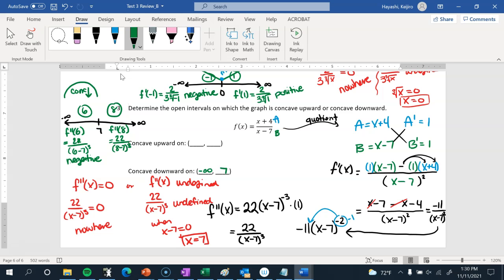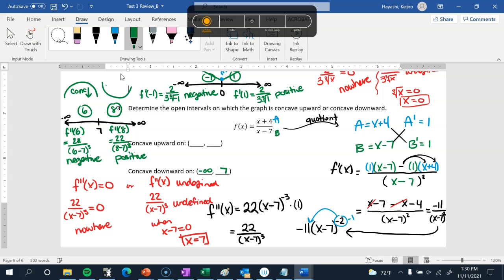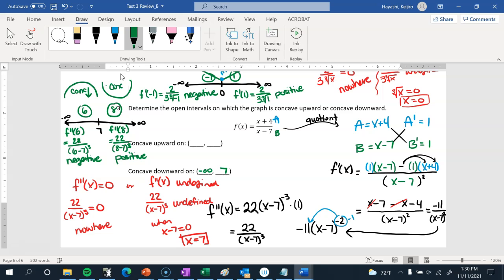So if you cube a positive number, it's positive. Positive divided by positive is positive. So f double prime is positive here, which means that the function is concave up here. So it's concave upward on this right interval that starts at the critical value of 7 and goes up to infinity.